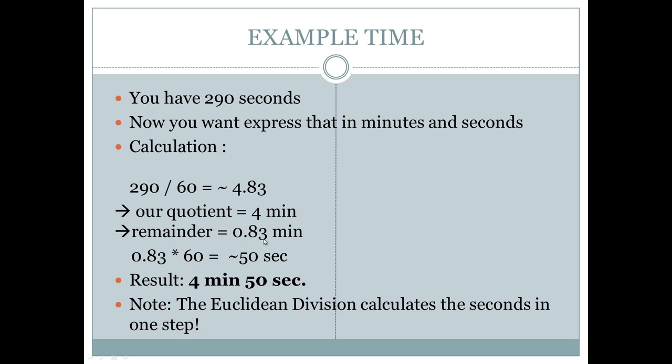And 0.83 minutes multiplied by 60 would be 50 seconds. So 290 would be 4 minutes and 50 seconds. And the real key part is that the Euclidean division calculates this seconds value in just one step, so we don't have to bother about multiplying with 60.